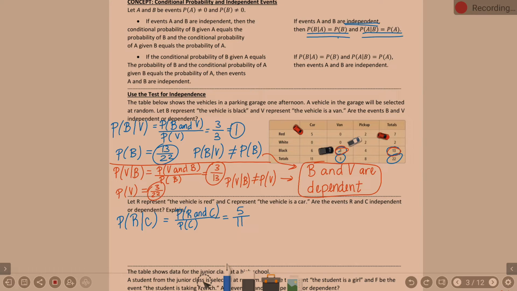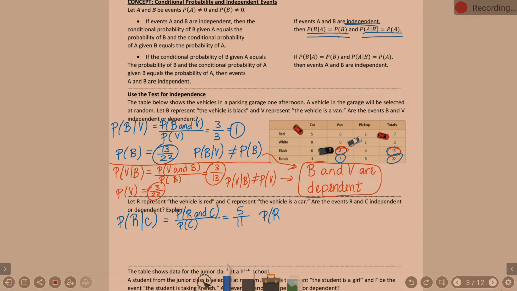What do we need to check? If it's independent, the example shows probability of B given A has to equal probability of B. So ours is probability of R given C. What do we need to check and see if it's equal to?